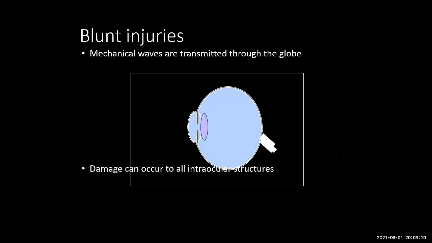Now, what happens in blunt injuries? The mechanical waves are transmitted through the globe, and practically damage can occur to all intraocular structures, starting from the lid up to the optic nerve. So this is what happens when there's a trauma to the globe.